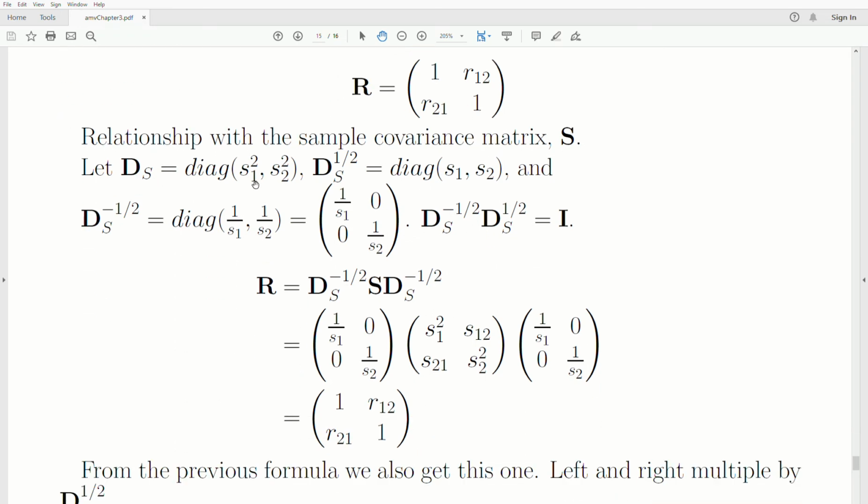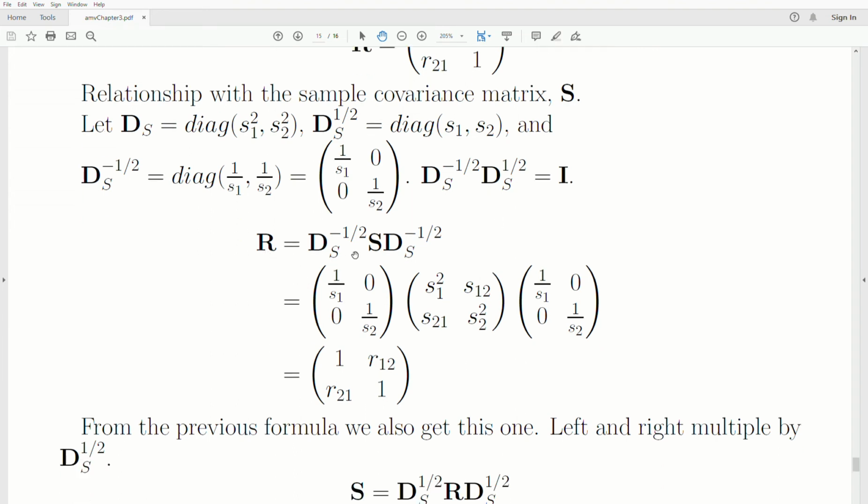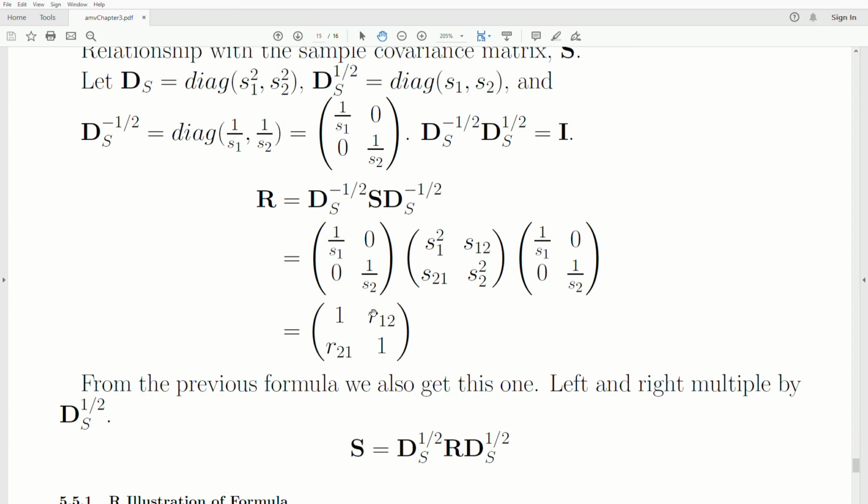So if we create diagonal elements analogous to before, we have a diagonal matrix of the sample variances, create a square root matrix from that, which means we take the square root of the diagonal elements, which is just the standard deviations of each variable, and then calculate an inverse of that square root matrix, which is this, and then it's easy to show that they are inverses of each other. Then the sample correlation matrix can be thought of as this matrix product multiplied out, and you get the sample correlation matrix.